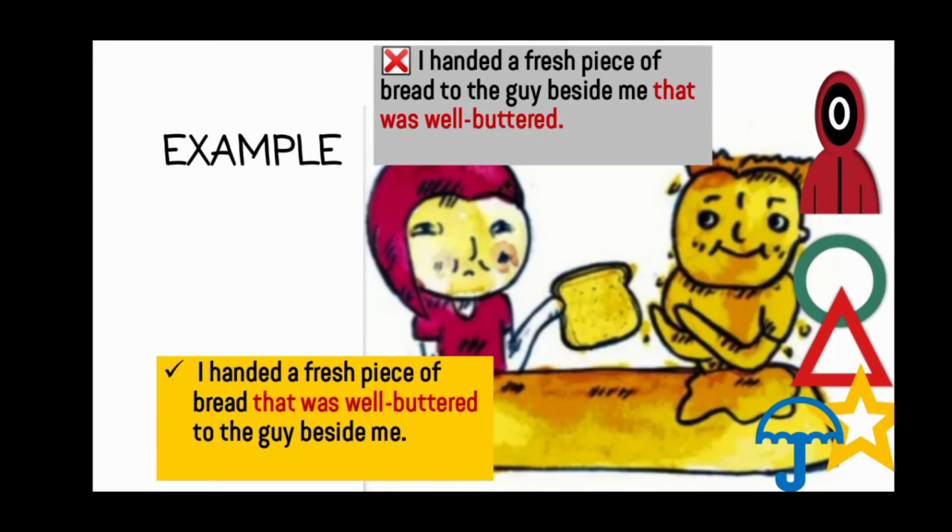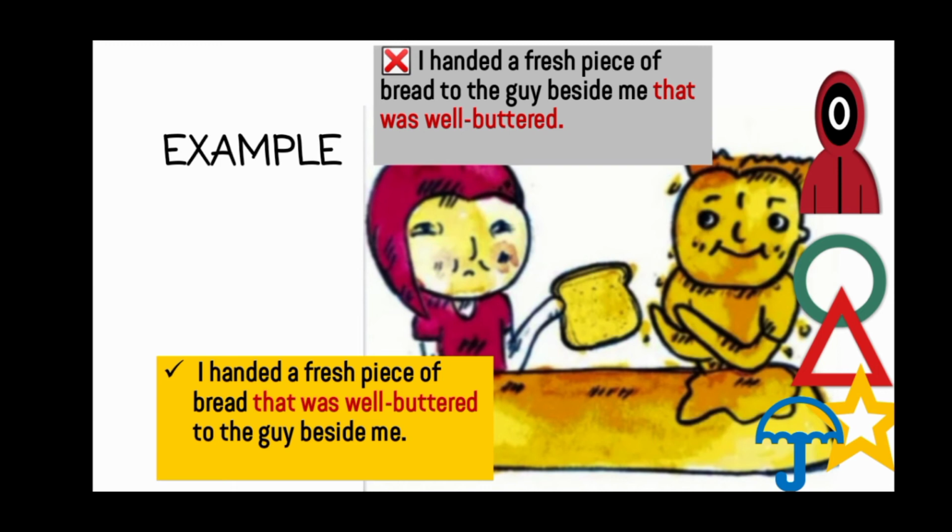So for the next example, I handed a fresh piece of bread to the guy beside me that was well buttered. That was well buttered is the modifier that modifies the guy, which is very wrong. This sentence gives us a question. Is the guy buttered on his body?